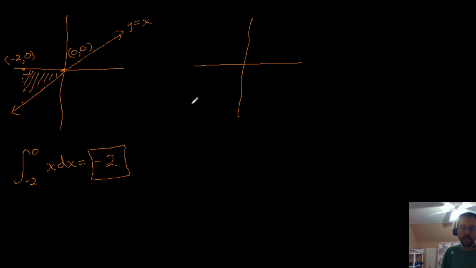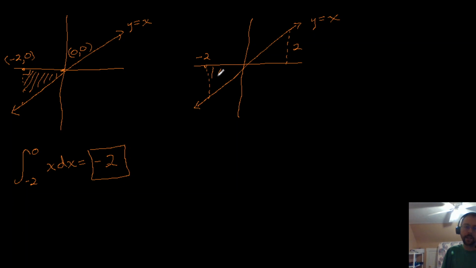What that means is, if you just use integration to figure out, say this is y equals x again, and this is x equals -2, and now this is x equals 2.